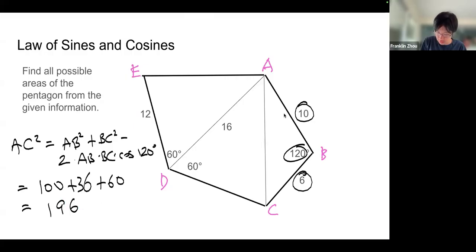So we find AC is equal to 14. Does that make sense to everyone? Okay, I have to assume so.